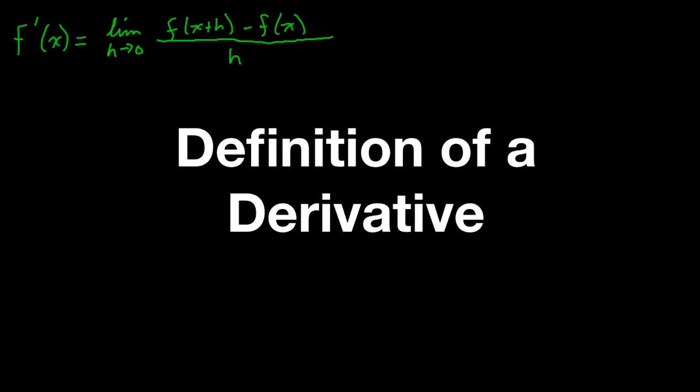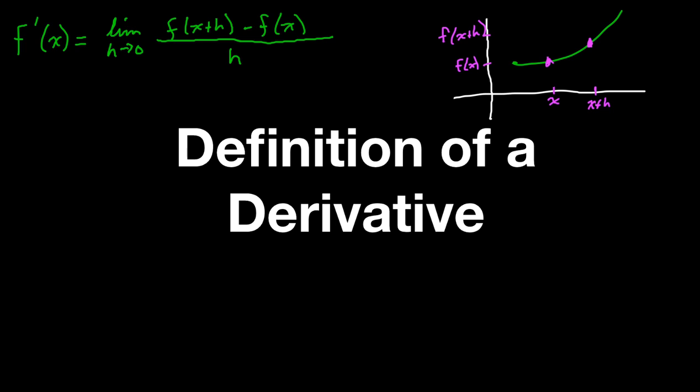And just a quick review, if you have a graph and a function that makes some curve, we're going to have a point at x and its corresponding y value will be f of x, and we're going to have another point at x plus h, and its corresponding y value would be f of x plus h.